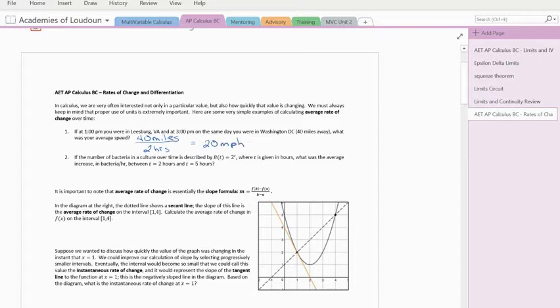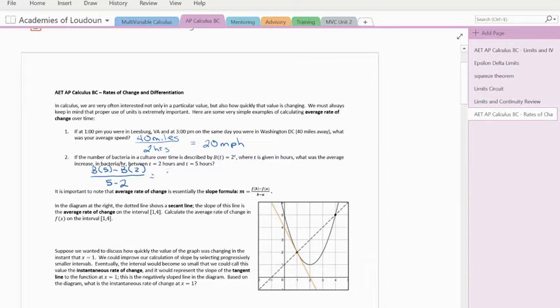If the number of bacteria in a culture over time is described as B of t equals 2 to the t, where t is given in hours, what is the average rate of increase in bacteria per hour between t equals 2 hours and t equals 5 hours? So we know that we're going to find B of 5 minus B of 2 over the time change, which is 5 minus 2.